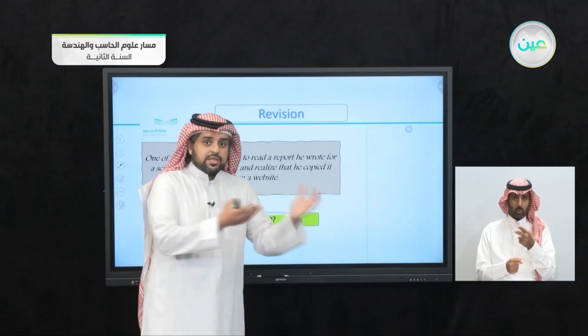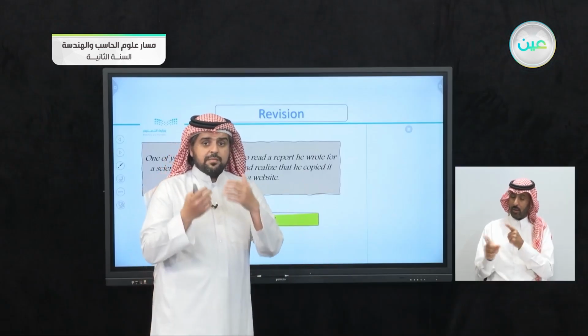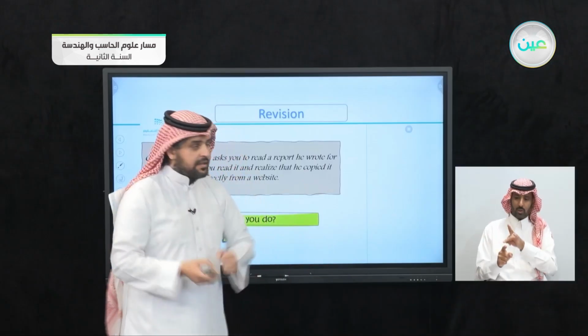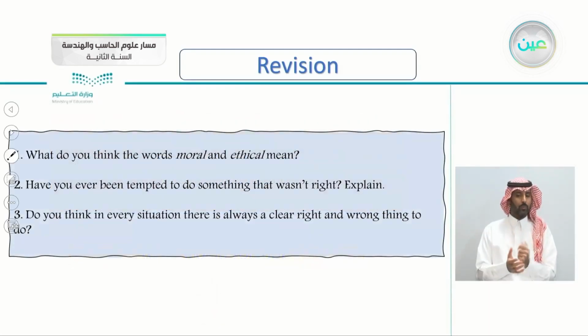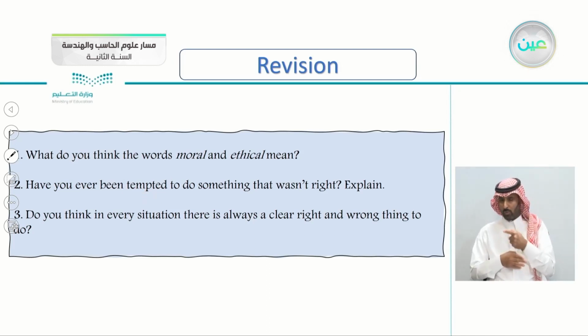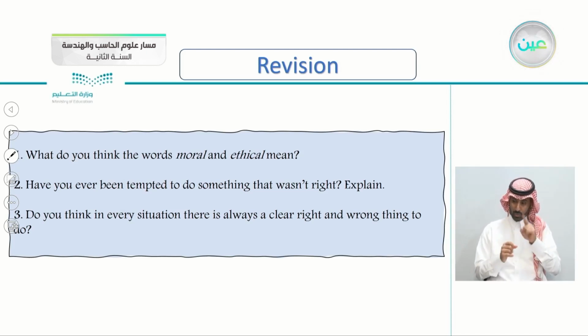Would you tell the teacher about him, or maybe give him advice later not to do it, and so on? We also asked some questions. What do you think the words moral and ethical mean? Have you ever been tempted to do something that wasn't right? Explain.